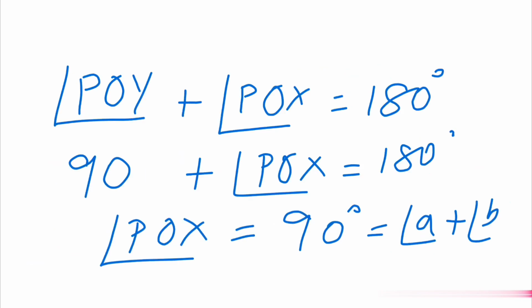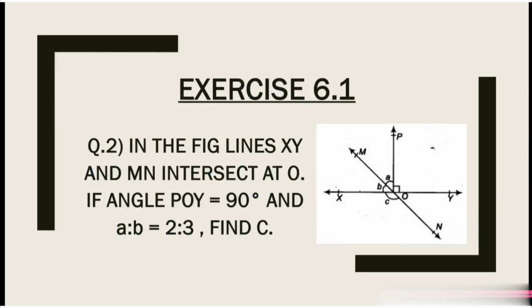Just look at the diagram. XON, that is this one, is equal to this plus this. Why? Because of vertically opposite angles.